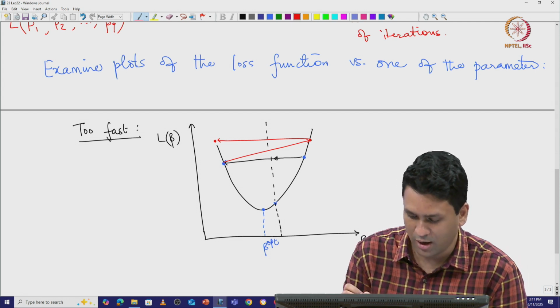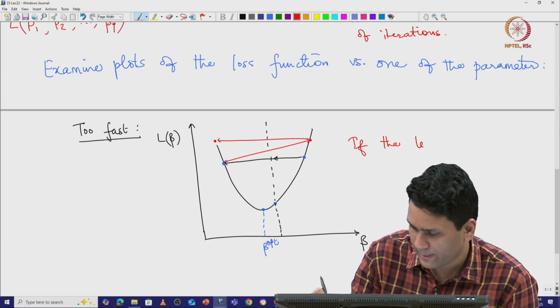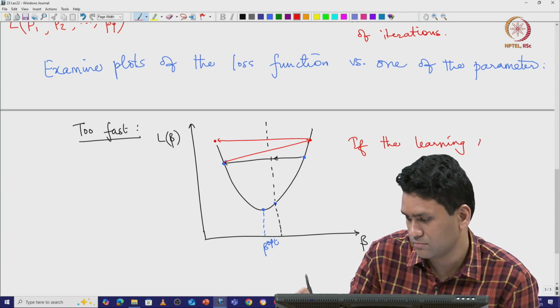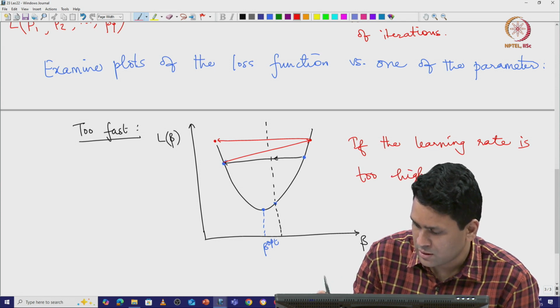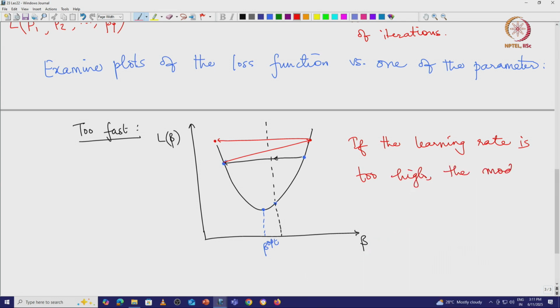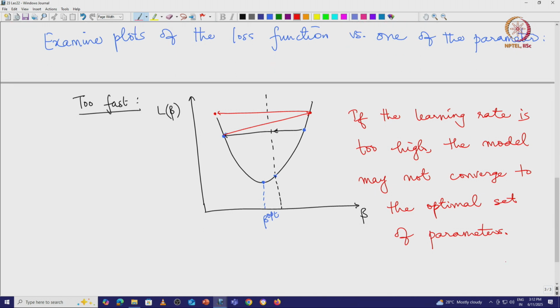So I hope you can see how if the learning rate is too high, the model may not converge to the optimal parameters. This is a case of too fast learning, so we want to avoid this.